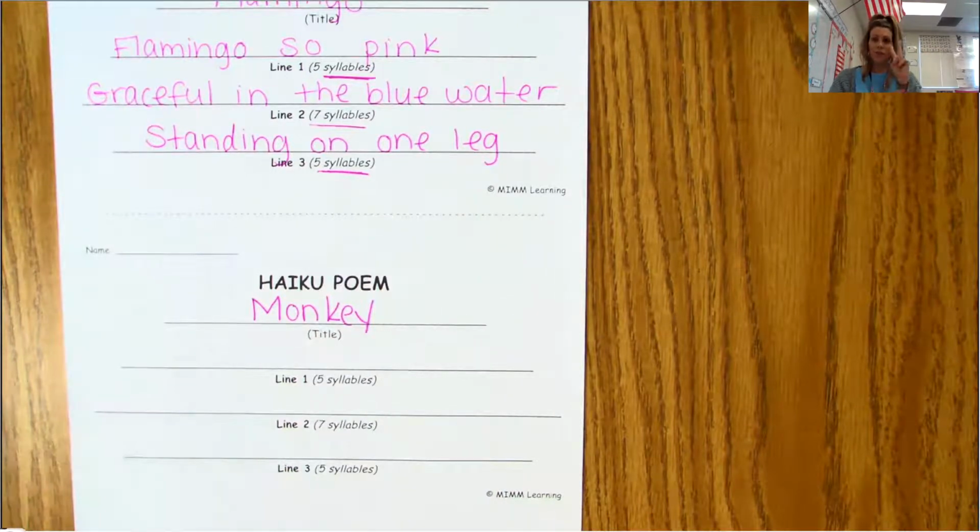Monkey. 2, right? All right, so we need 5 syllables. What's a monkey do? They swing, right? Monkey swings on vines. Monkey swings on vines. Yeah, that's fun.